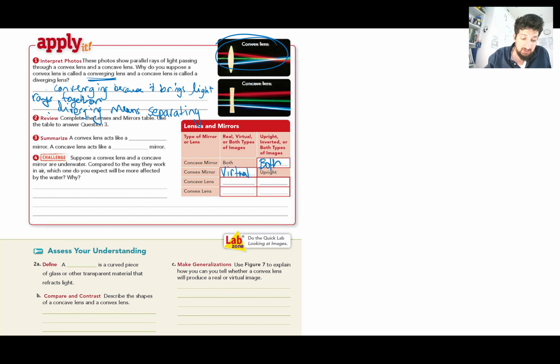Okay, concave lens. Now back to our topic. A concave lens forms a virtual image, while a convex lens forms both. A concave lens will form an upright image.